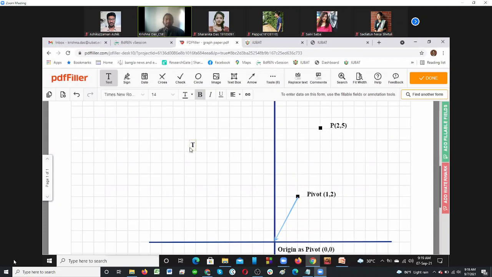So this is 1, 1, 2 and 3, and this is my new position of that object. P prime is now 1 and 3.